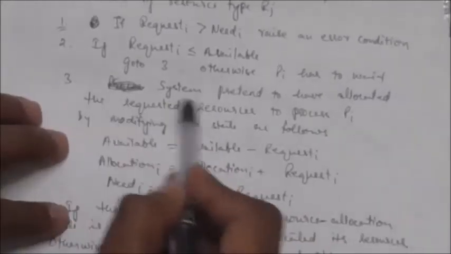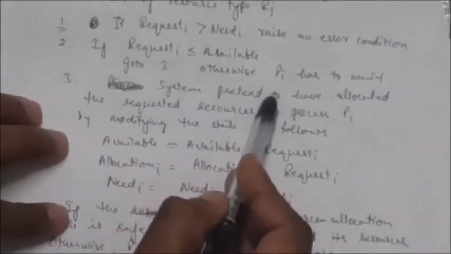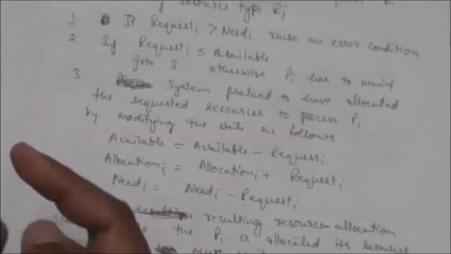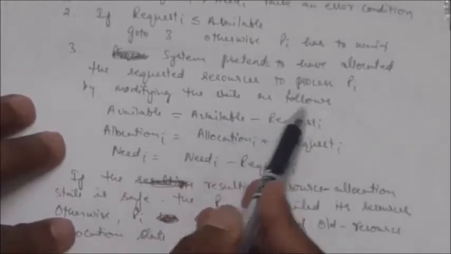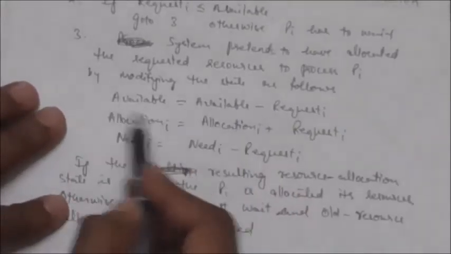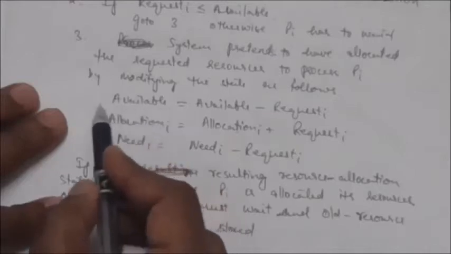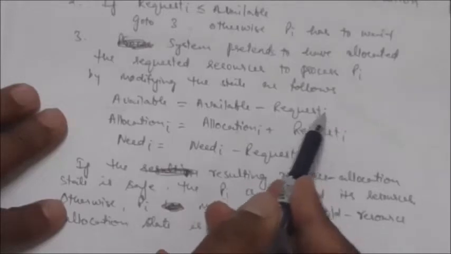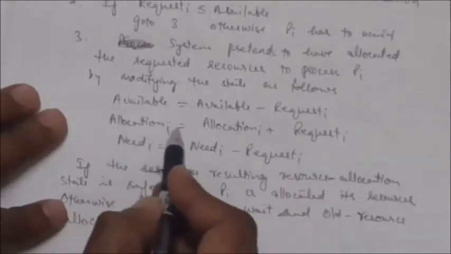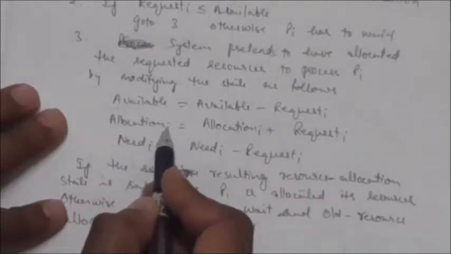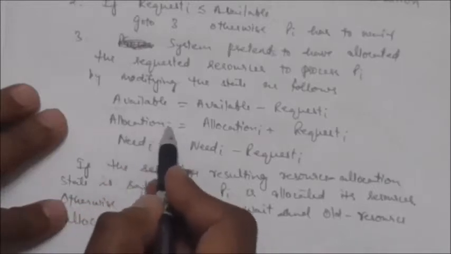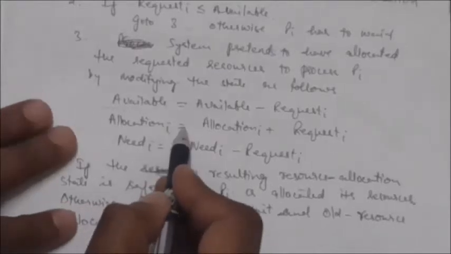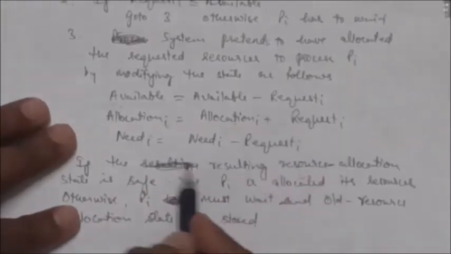So what happens in step 3? In step 3, the system pretends to have allocated the requested resources to process Pi by modifying the state as follows. First it modifies the available vector. From available vector it will subtract the request I vector. Then to the ith row of allocation matrix, which specifies the resources allocated to process Pi, request I vector will be added.